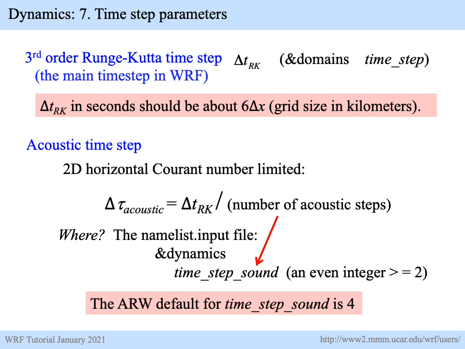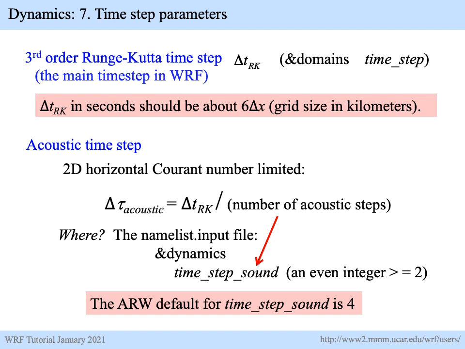After setting the main Runge-Kutta time step, you then move on to setting the acoustic time step. That acoustic time step is set as a fraction of the Runge-Kutta time step. And in the namelist.input, in the dynamics section, you'll see a parameter that's labeled time_step_sound. Now this is actually not the time step. It is the integer by which you divide the Runge-Kutta time step to compute the acoustic time step.